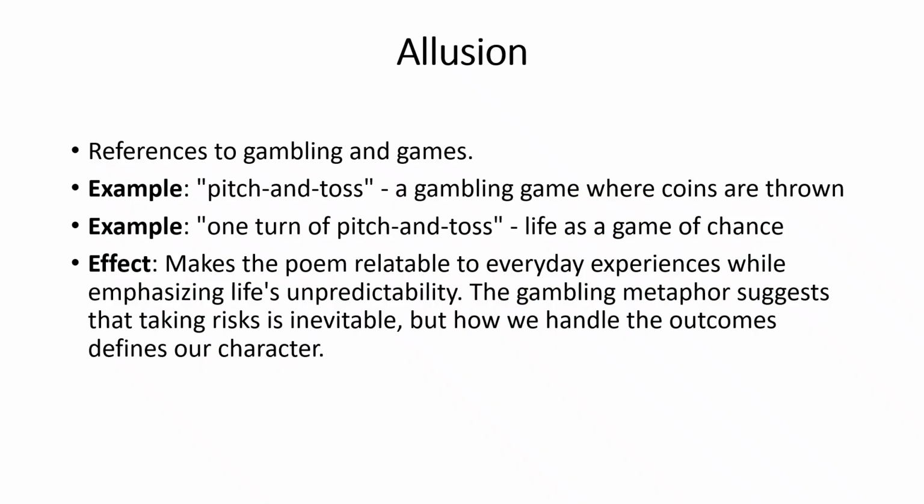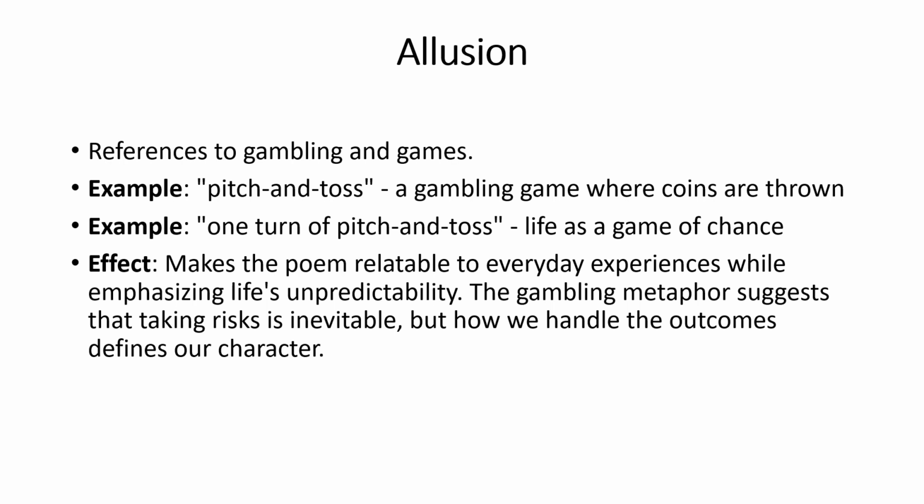Yes, the next poetic device is allusion. What's allusion? Here the definition is not given for this particular technique. Allusion means a reference to a person, place, thing or event, either in history or in literature. But in this particular context, it is a reference to gambling and games: pitch and toss.